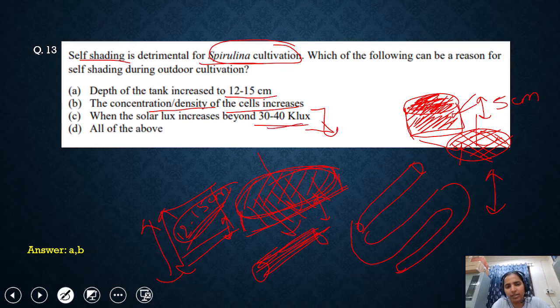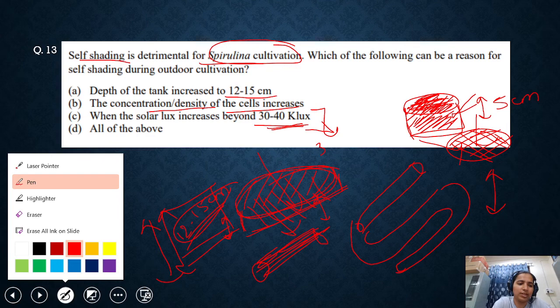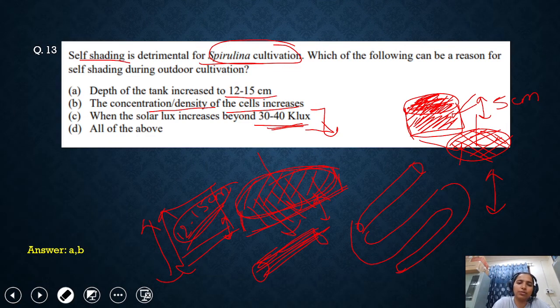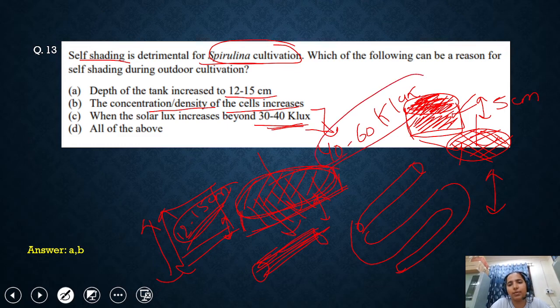The optimum solar lux that is mainly required for this is 40 to 60 k lux. So this is the optimum required. Beyond this, this is not correct. If they had given beyond 60 k lux, then possibly this would occur.